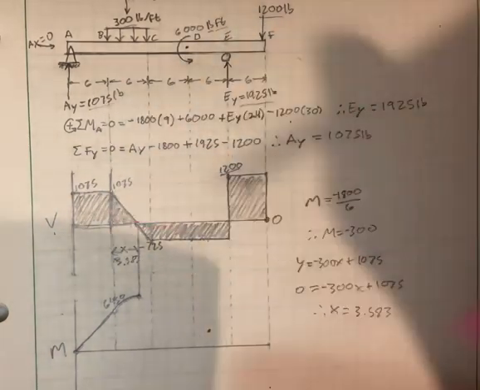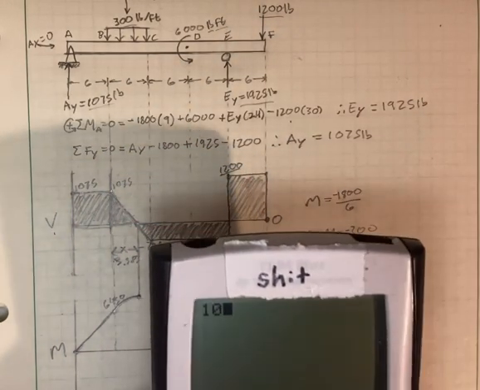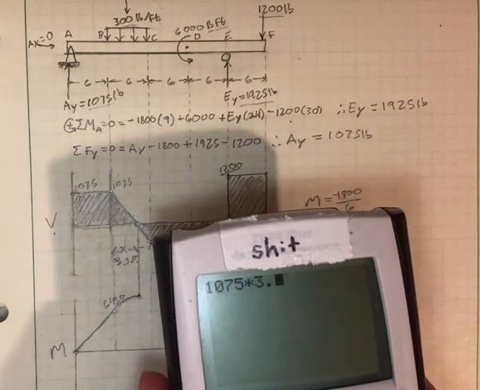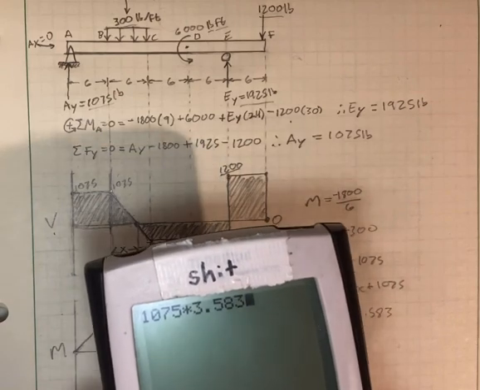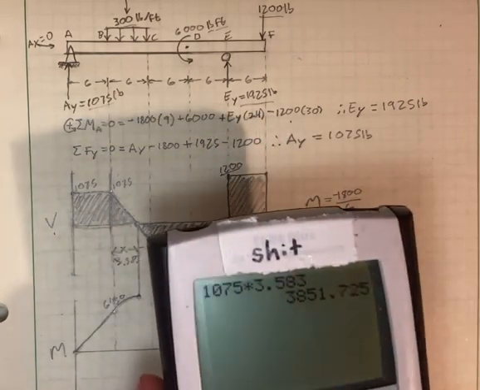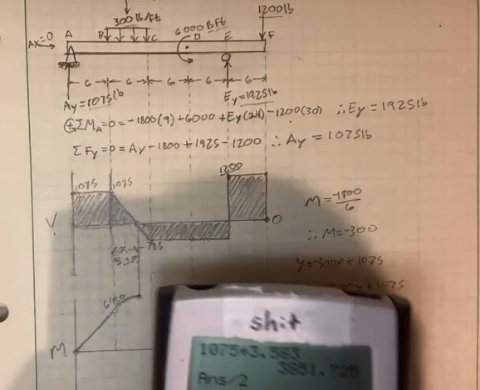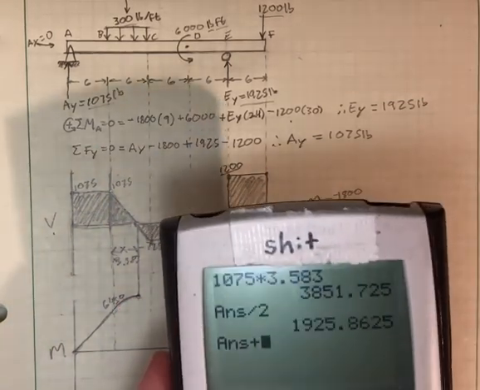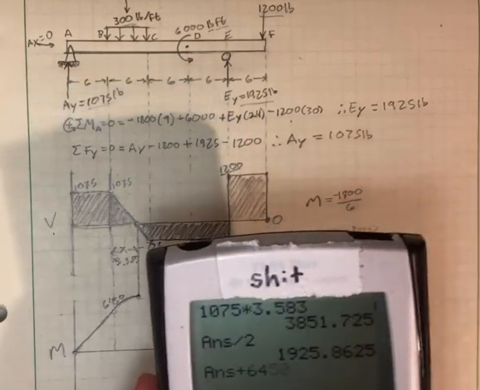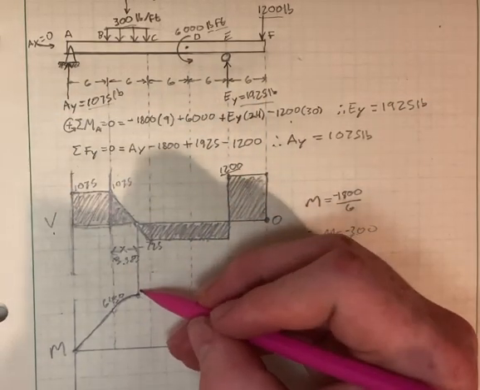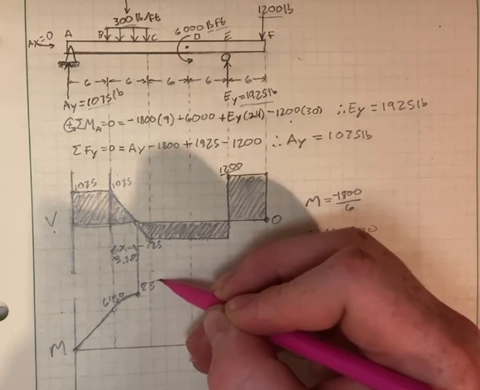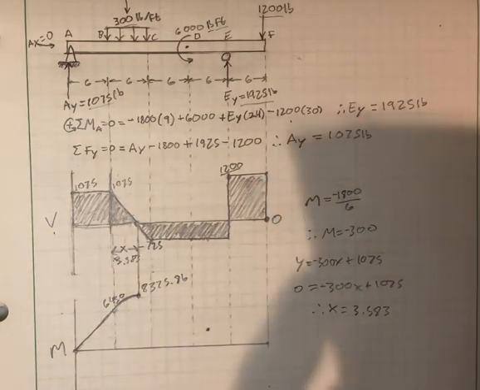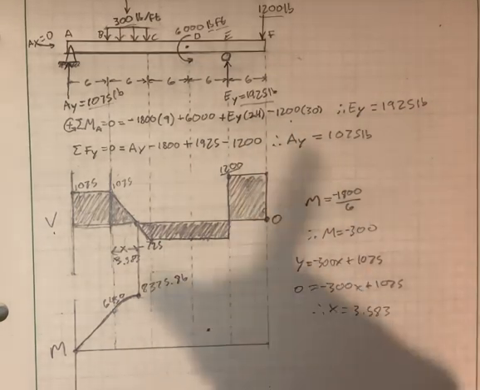It's a triangle, so we can do 1075, the height, times the distance we just calculated, 3.583, and then that divided by 2. So 1925 is how much more we went up. We add that to 6450, and the peak of our parabola is 8375.86.